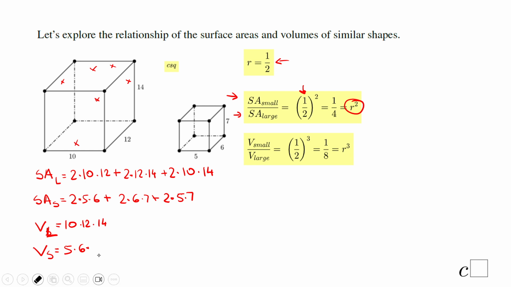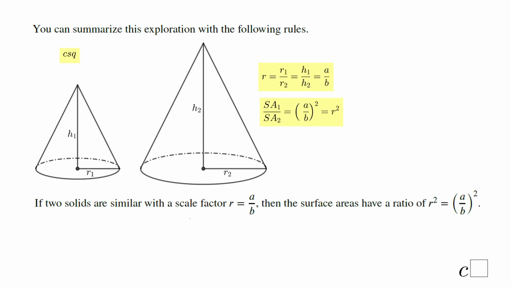If you do this ratio, again, small over large, you get this 1/8, which is r cubed. So now that allows us to get these rules that are very useful. The first one, you notice, is about areas. So if you have a scale factor r, then the ratio of the areas is r squared.